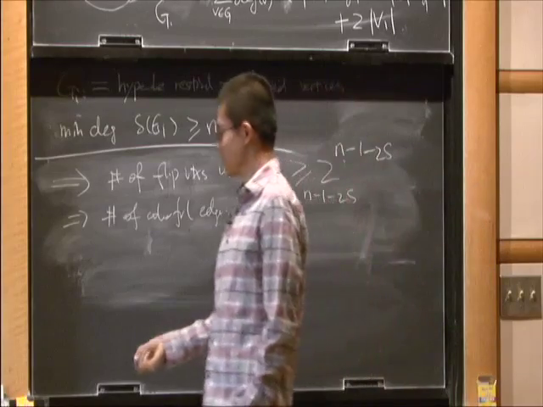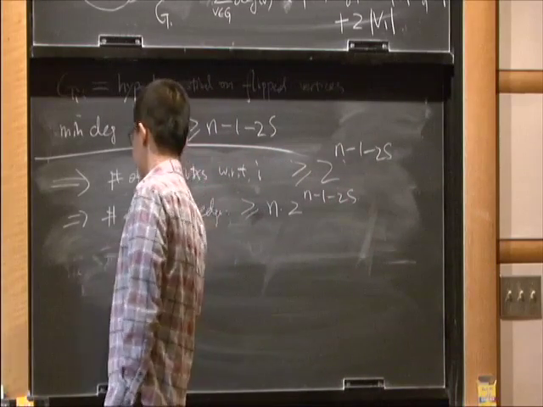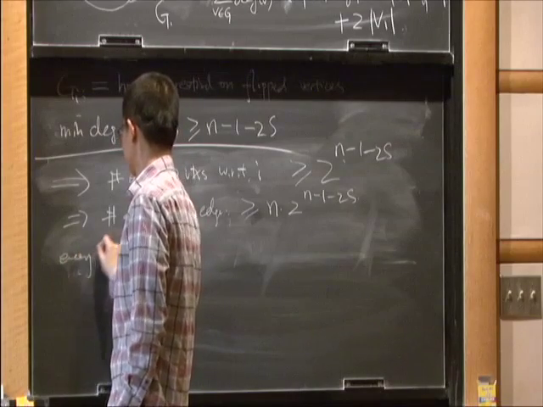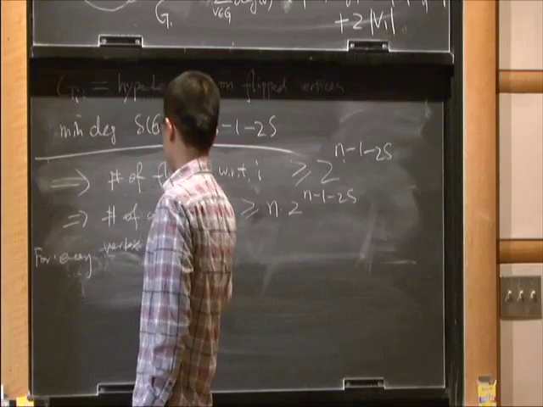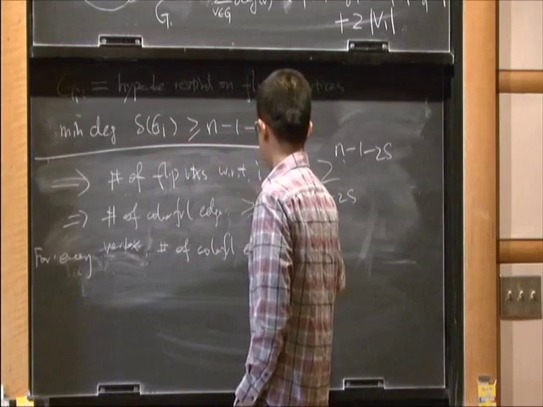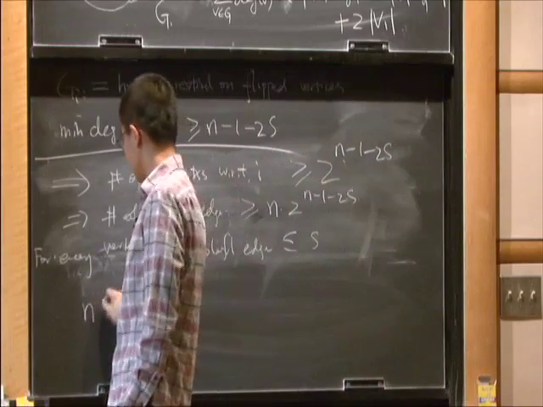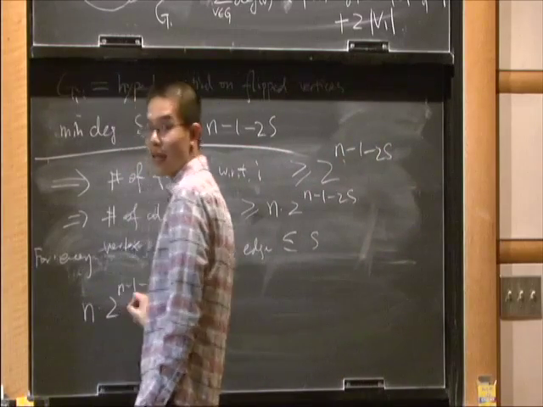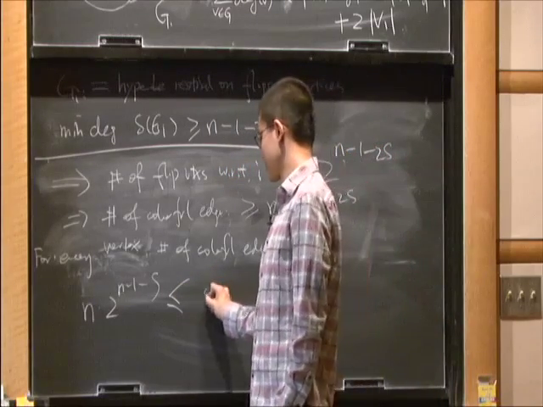And on the other hand, if we use the sensitivity, we know that for every vertex, the number of colorful edges is at most s. So we get the inequality that n times 2 to the n minus 1 minus s is at most s times 2 to the n.